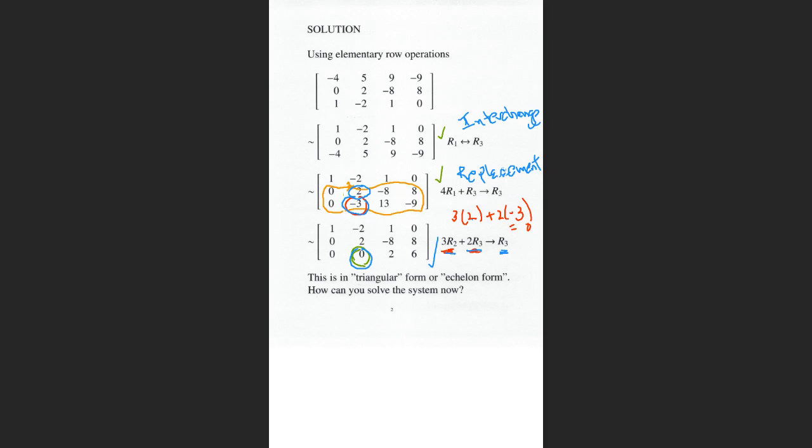So what we're doing is, when you solve a system of equations, you have what's called a forward phase and then a backward phase. And what we're doing here is the forward phase.